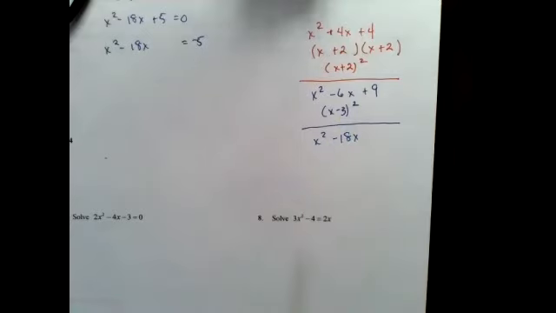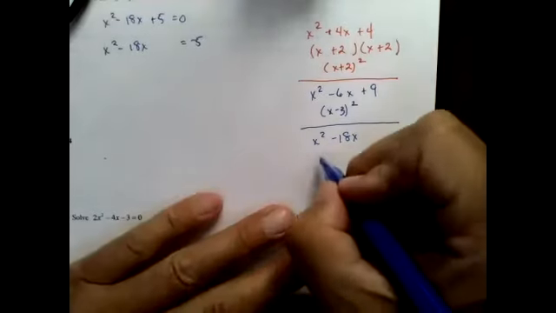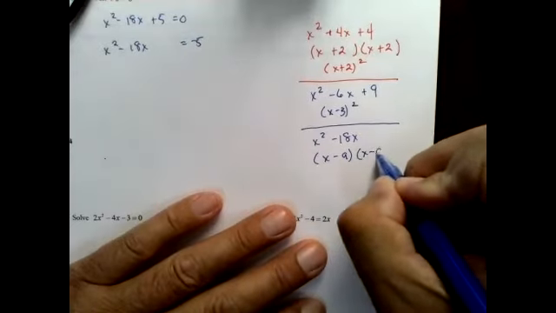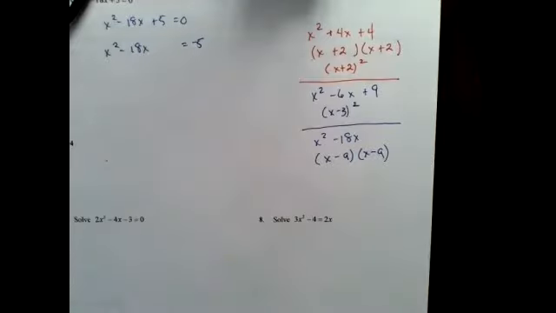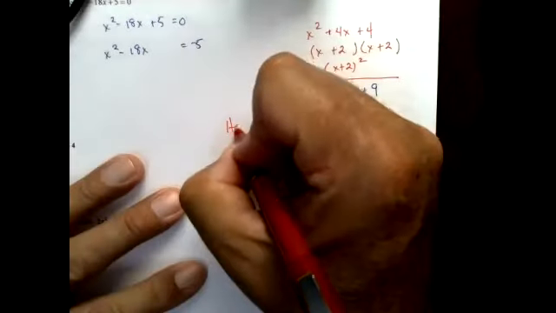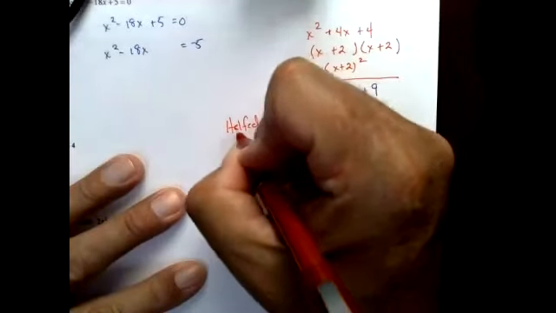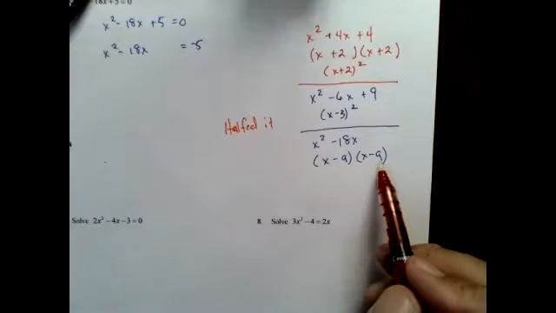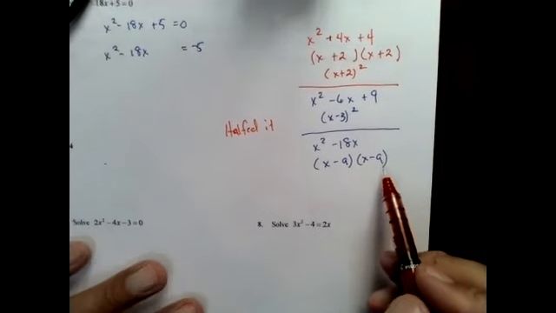Half, right? I cut it in half. So for this guy, I'm going to cut it in half because I want it to be x minus 9, x minus 9. So woohoo, I halved it. Now, what is negative 9 times negative 9?